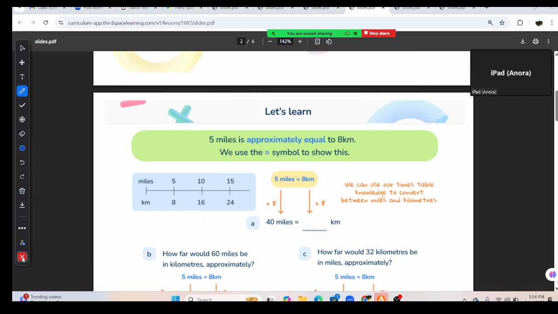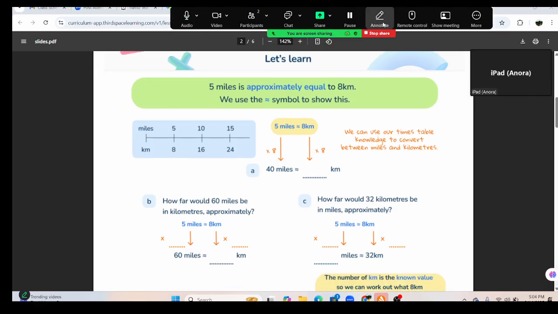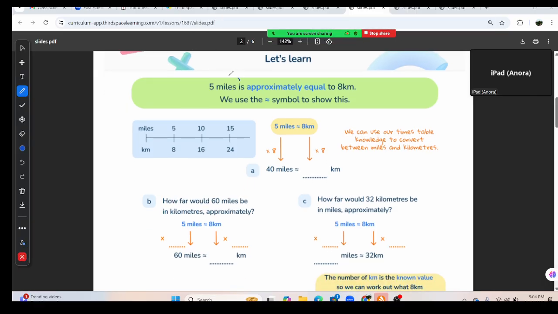Okay, so basically now let's talk about miles also. 5 miles is approximately equal to 8 kilometer. Approximately means it's not an exact value.